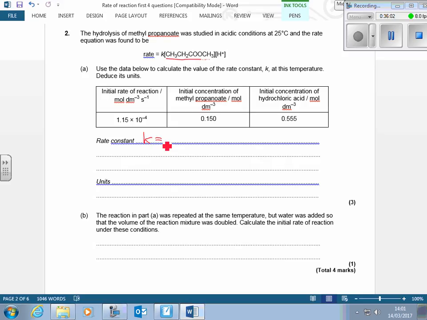So if we divide both sides by, I'm going to put just MP in there for methyl propanoate. And when you're working stuff out, if it's not an actual answer, then it's okay for the time being.